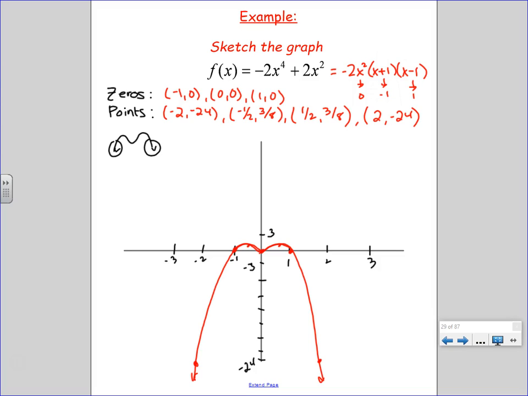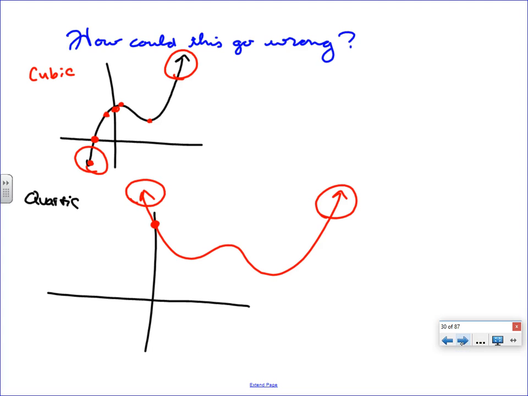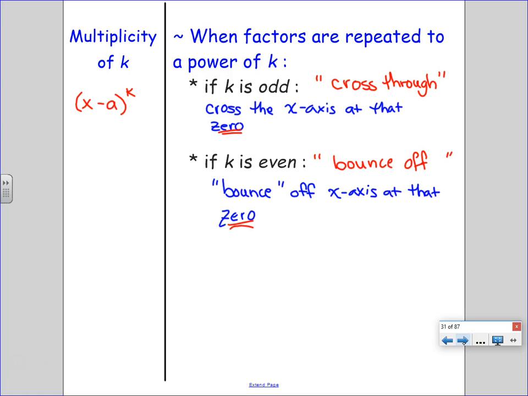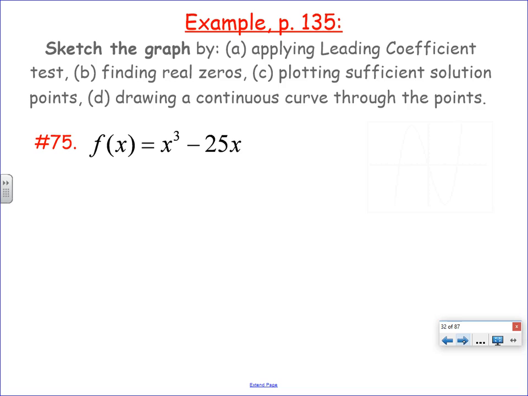Even, bounce off. At -1, multiplicity of 1, it's not multiplied, okay, whatever. But as a power of 1, did it cross through? And then at +1, did it cross through as well? It's just another hint, it's just another clue. It's a strategy, a technique, a characteristic that'll always be true. Anyway, not necessarily something to memorize, but something to see.